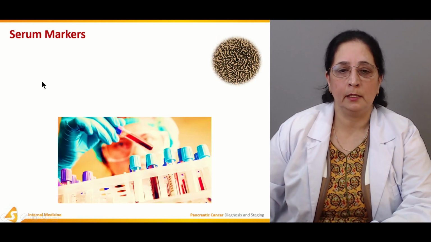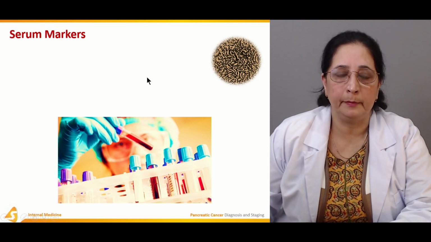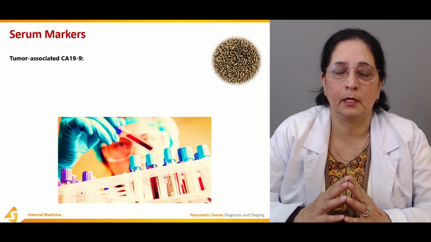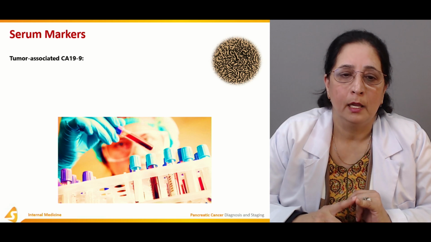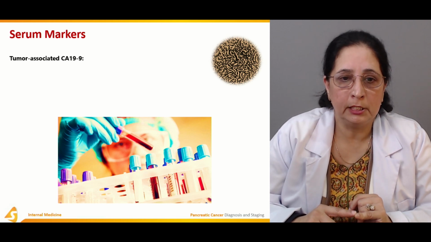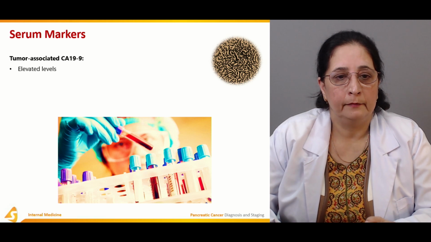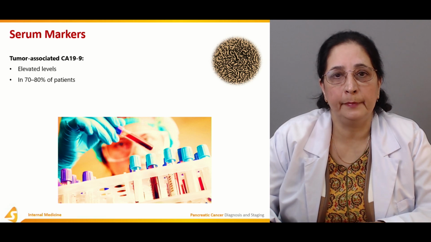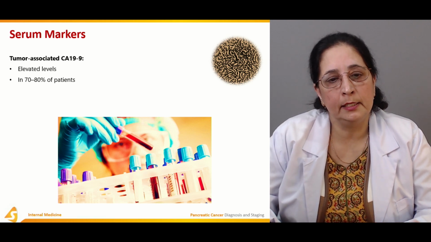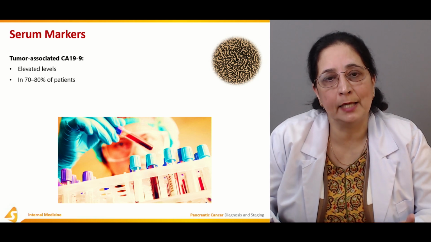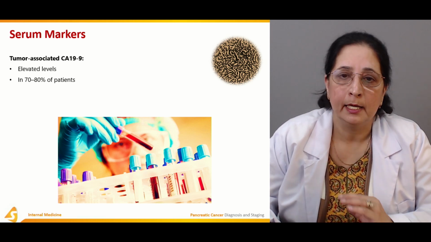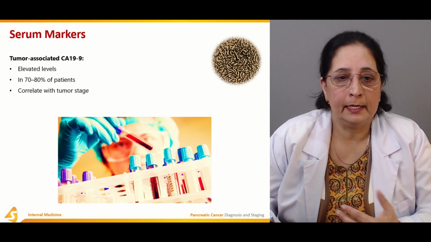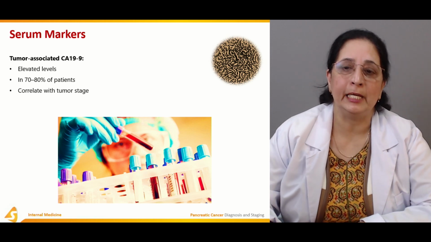Serum markers for the diagnosis of pancreatic cancer. We already mentioned tumor markers. We have CA19-9, which is elevated in 70 to 80% of patients. This carbohydrate antigen 19-9 is elevated in patients who have pancreatic cancer, and it correlates with tumor stage.